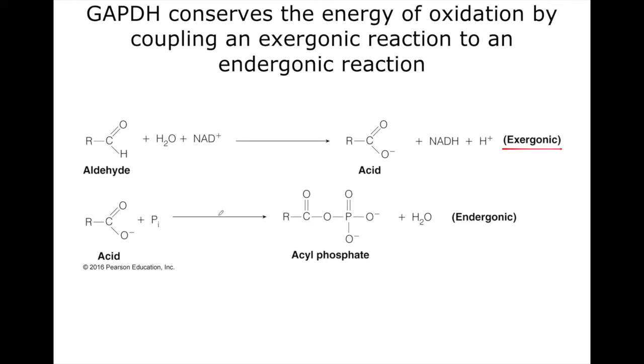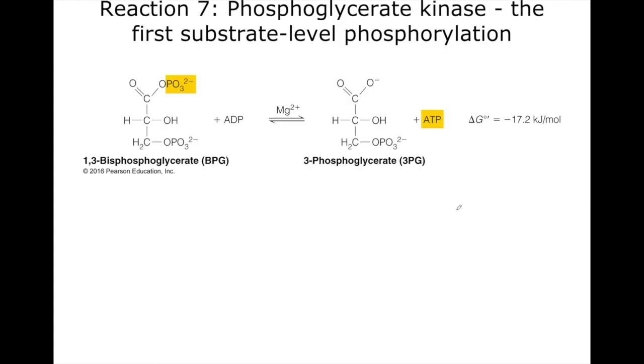Okay? Now that's coupled to the addition of that phosphate here, and that's a very endergonic step. So we're coupling a very exergonic step with an endergonic step right within that same enzyme. So that's why this inorganic phosphate is able to be added instead of coupling, as I mentioned before, to the hydrolysis of something like ATP. So let's move on to our next reaction, reaction 7.